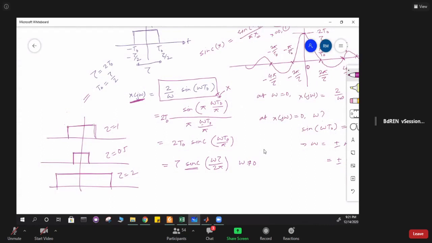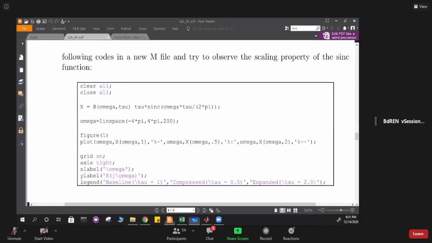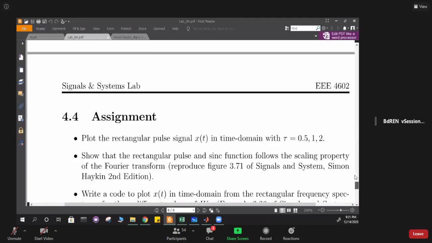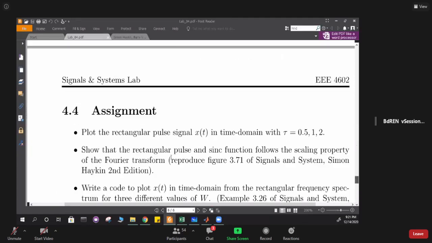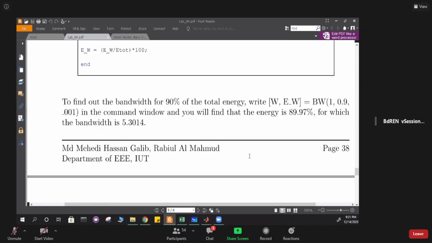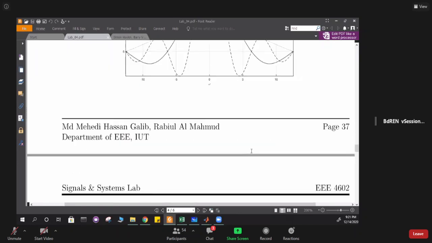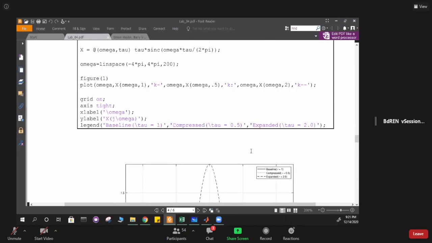Obviously there is an equation related to this, but I have given one assignment at the end that you need to show whether they are following the scaling property or not. In this case, you need to reproduce a figure and also show that the equation matches our scaling property.